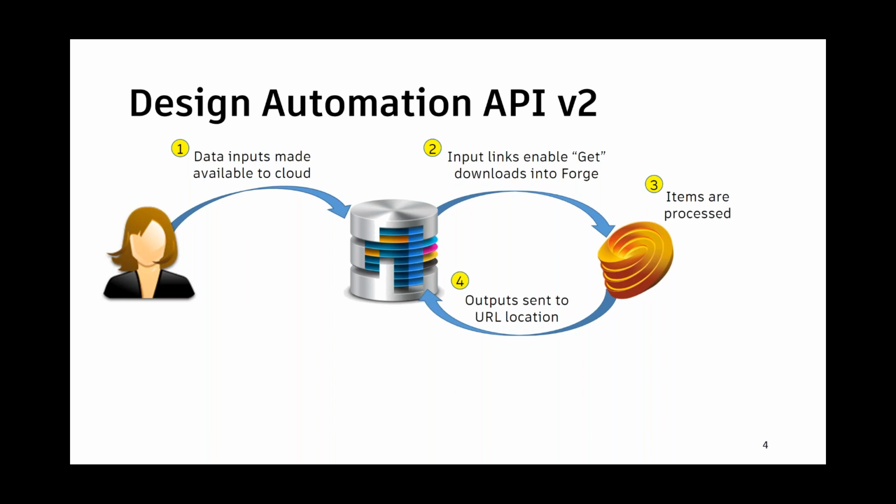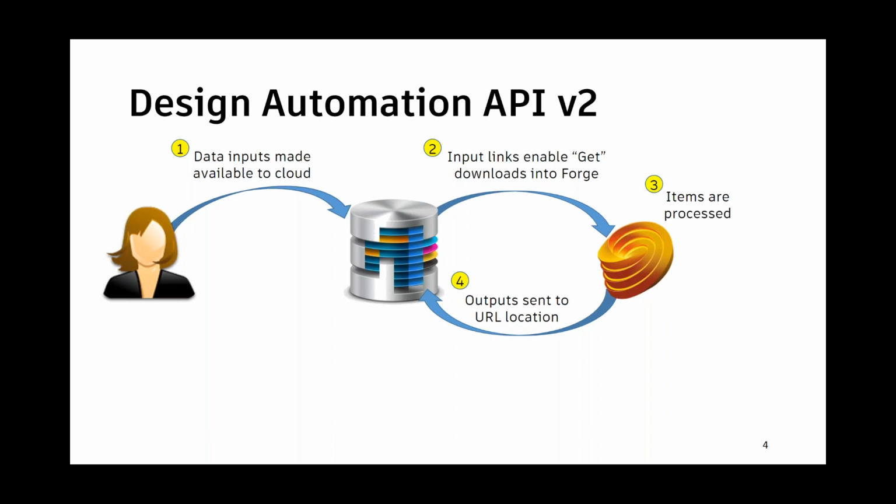And this engine could be something such as AutoCAD. It's a product that you're used to interacting with in a desktop environment, just made available in the cloud so that you can automatically run these processes. So this could mean that the file's modified, or maybe you're just pulling data out that you need to use in another process. And then lastly, the output file is sent back to a URL location that you specified.